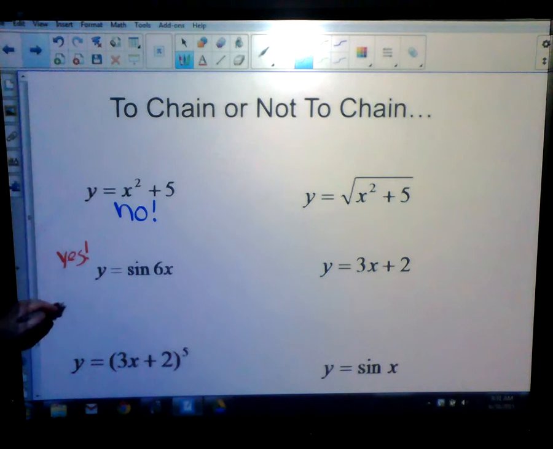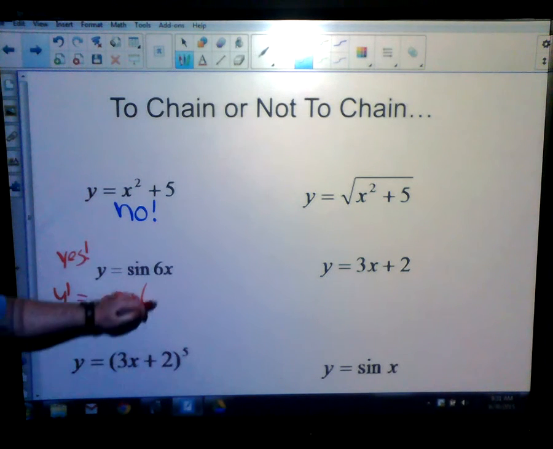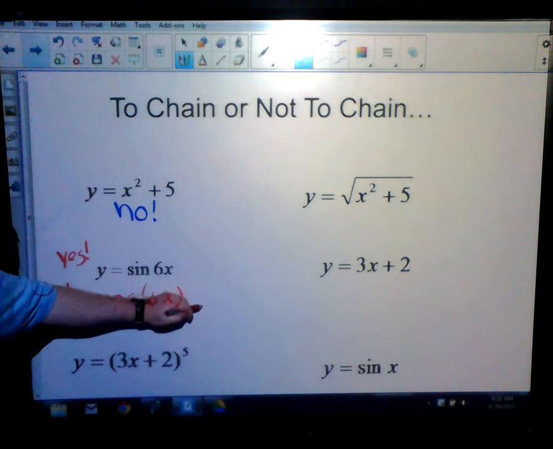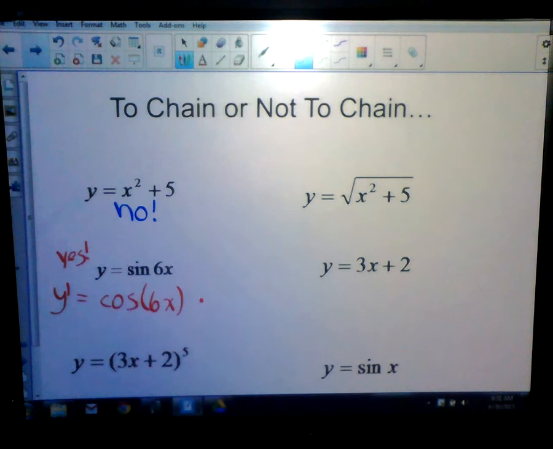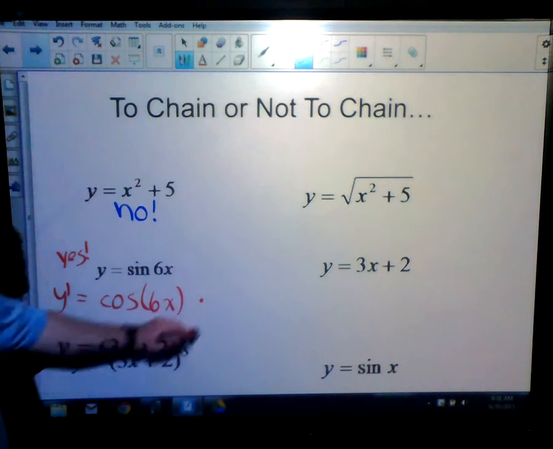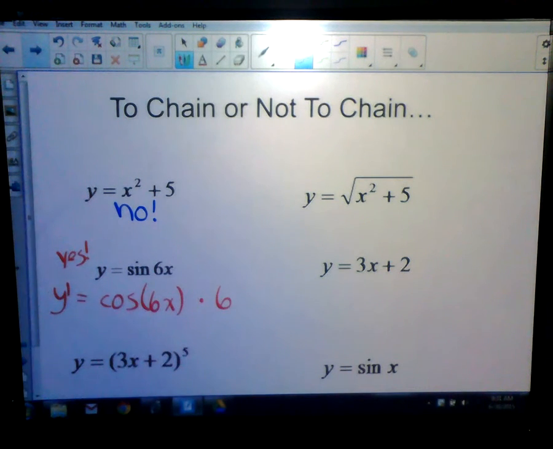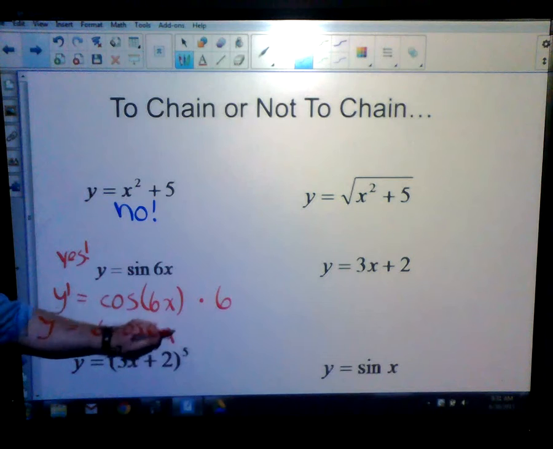Well, let's take the derivative of it. Work outside first. Derivative of sine is cosine, and leave the inside be. Times, what's the derivative of the inside of 6x? It's 6. Clean that up a little bit. That's 6 cosine 6x.